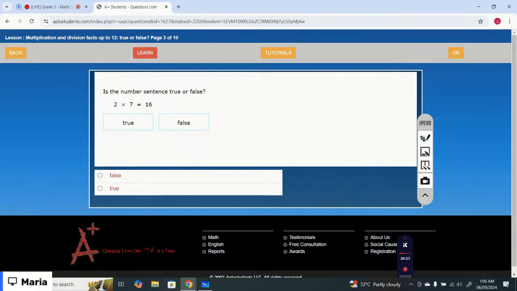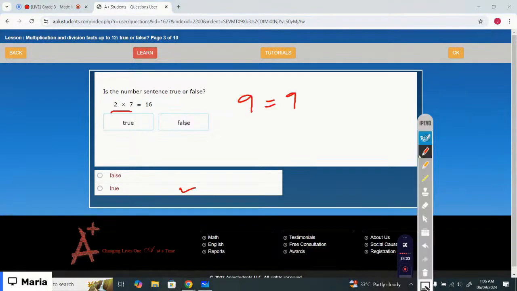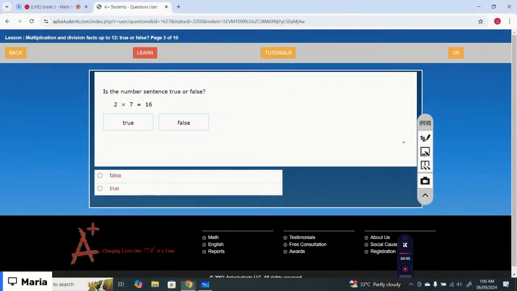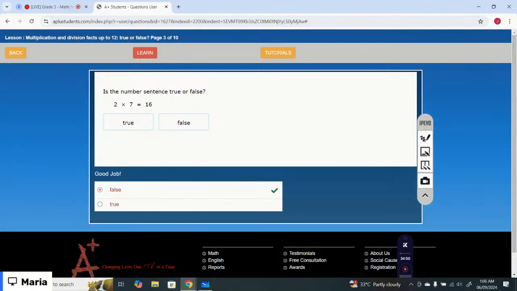When you do 2 times 7, it is 14 and 14 is not equal to 16, right? Very good. Option number 1 is the correct option. So the correct option is false because both the sides are not equal. Got it?